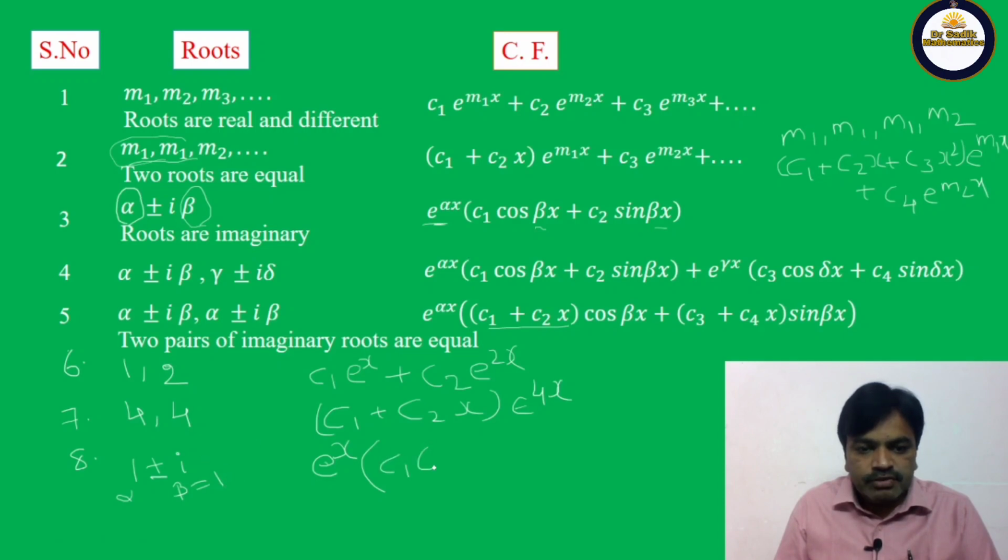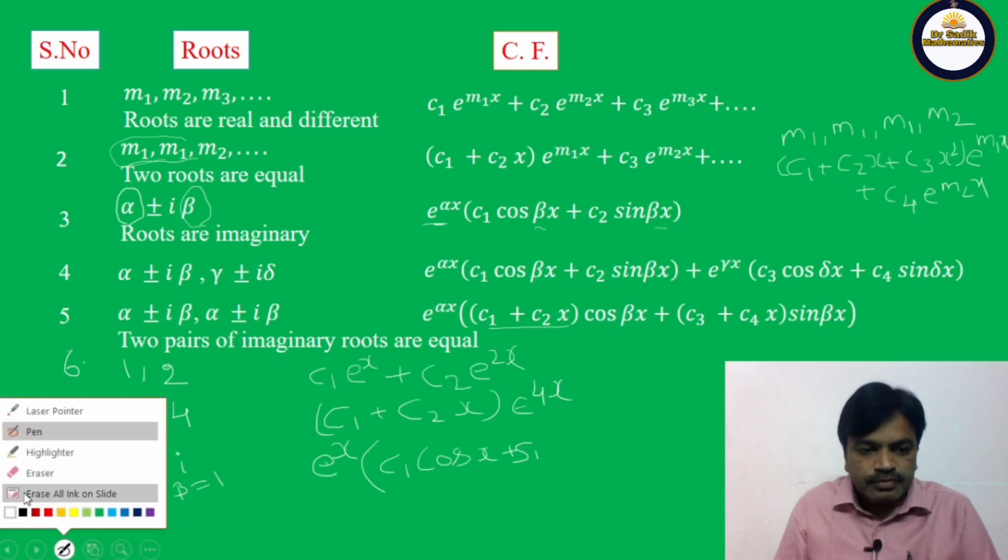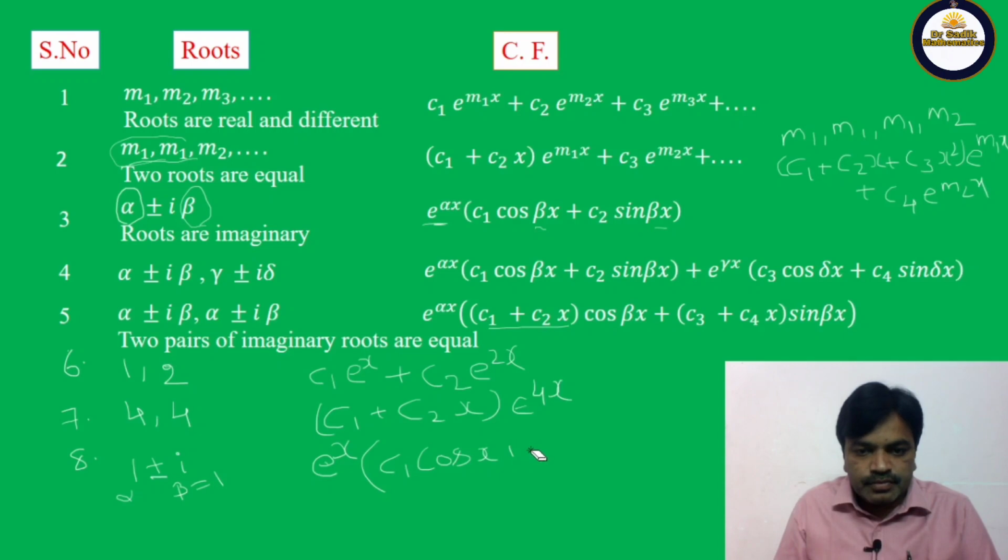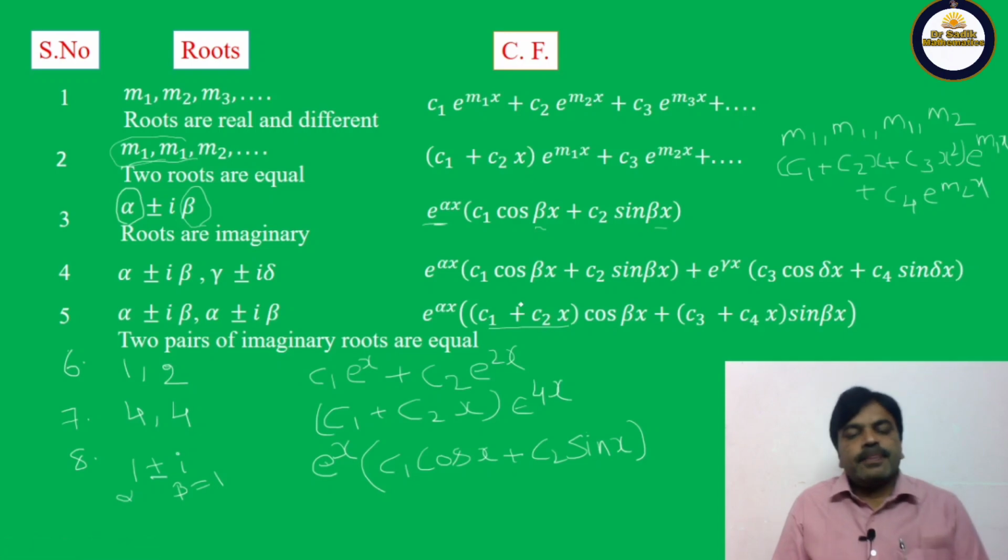So c1 cos x plus c2 sin beta x. Beta means 1. So c2 sin x.